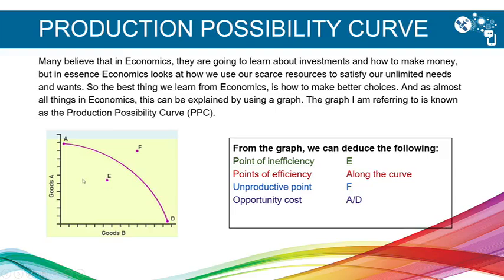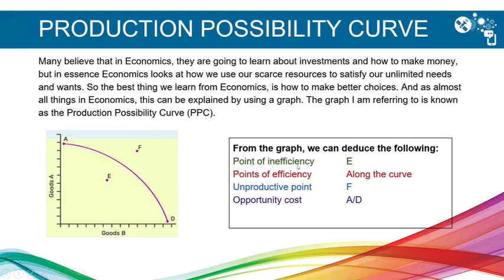Then we also looked at the opportunity cost, where if we produce at point A, we cannot produce any of the goods B, and if we produce at point D, we are giving up producing any goods A. So from the graph, we deduce the following.